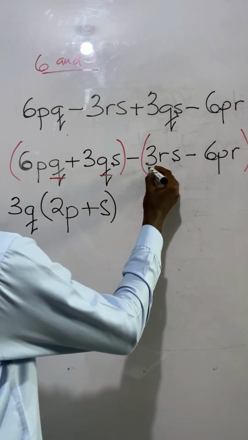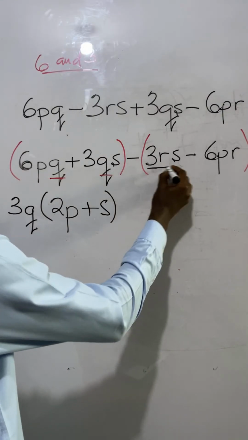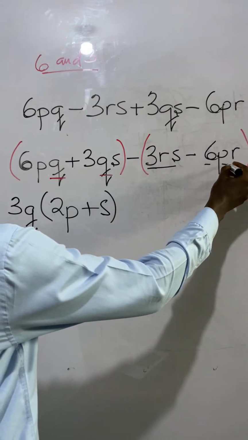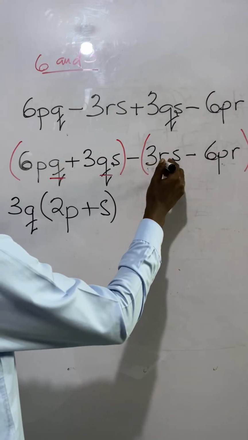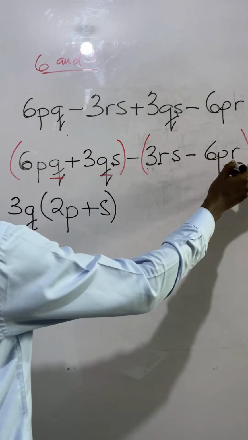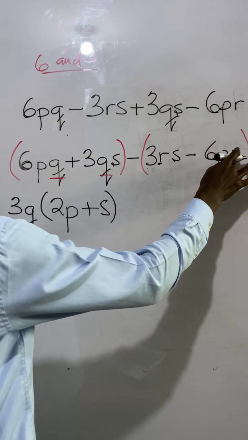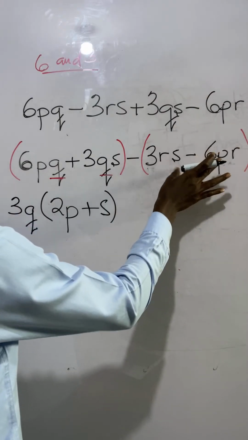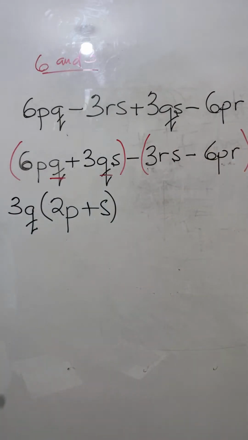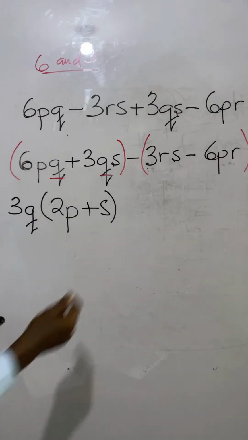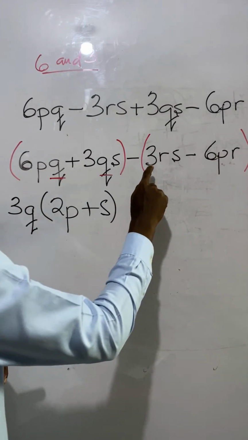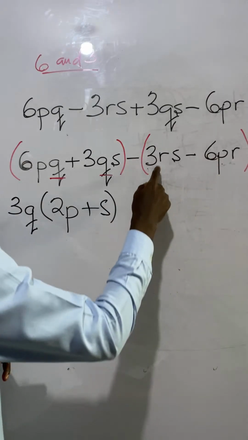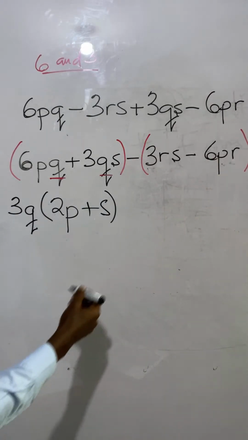Now we have 3RS and 6PR. Automatically, you would see that R is common. R is here, R is here. So if R is common on both sides, you just pick this R out, and the common factor between 3 and 6 is still 3.